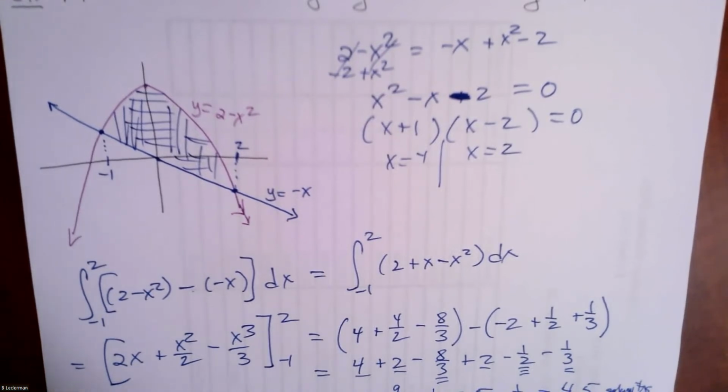So what I'm going to do here is take the antiderivative, which of course we know is the integral, because I want to find the difference between the top curve, the red curve, and the blue curve. Again, I know it's a straight line, and I'm calling a straight line a curve, but that's what we do. Any graph, we call it a curve.